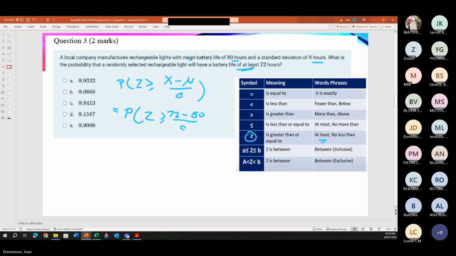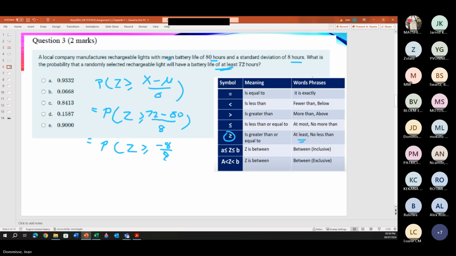So it seems like the probability is Z bigger or equal to minus 8 over 8, which is actually just the probability that Z must be bigger or equal to minus 1.